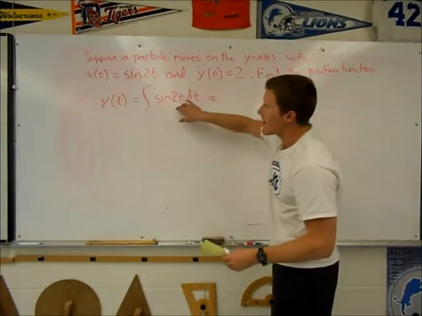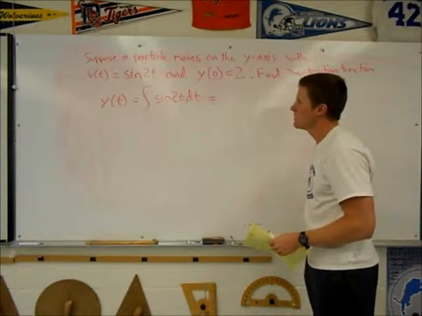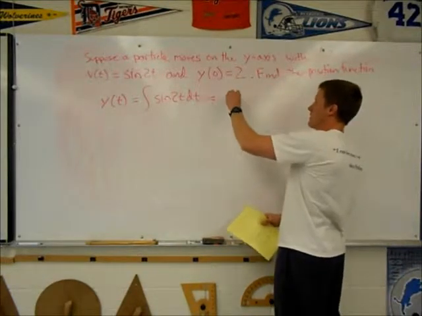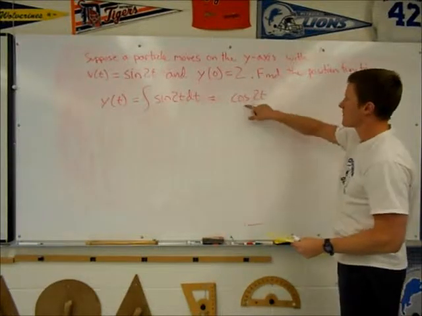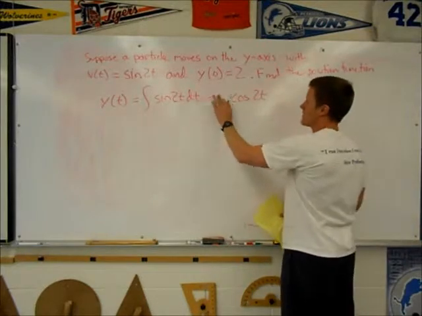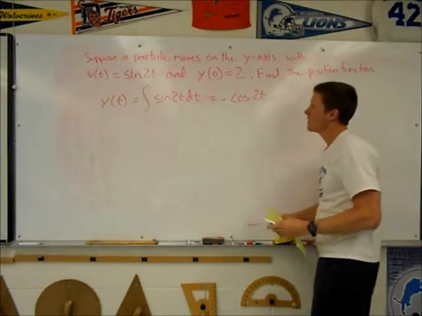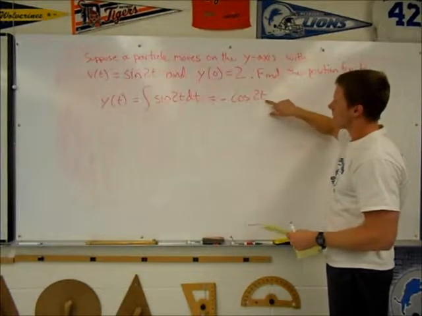This takes the form of sine u. Antiderivative of sine u has something to do with cosine u. Now let's check this out. Derivative of cosine u is negative sine u. So I need to undo the negative with a negative. So negative sine u, but then times u prime.